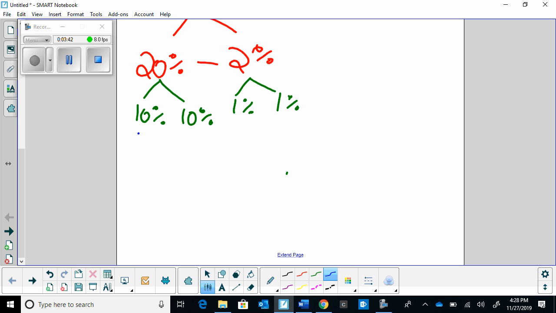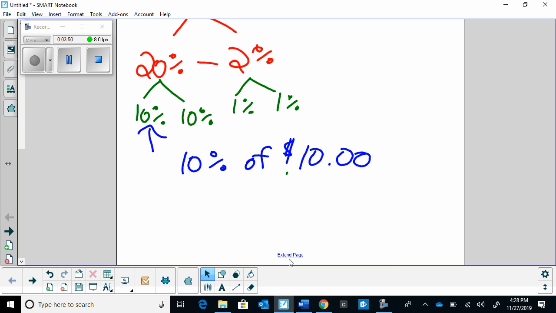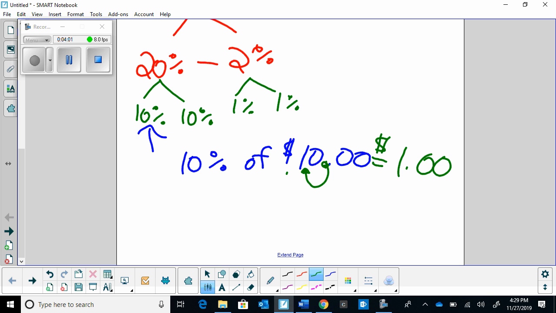We're splitting them up into percentages that we know how to calculate. So when we look at 10%, let's calculate 10% of our total, 10% of the $10 that we spent. Well, we said when we're calculating 10% of a number, we're moving that decimal point over one spot. So 10% actually becomes $1. Well, we need the other 10%.